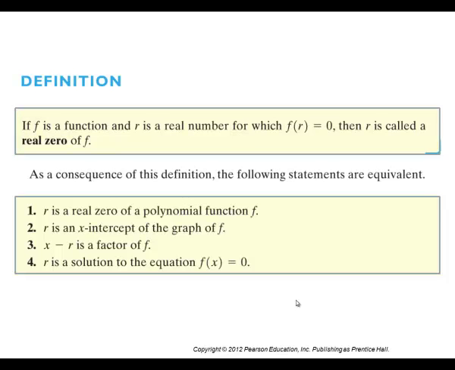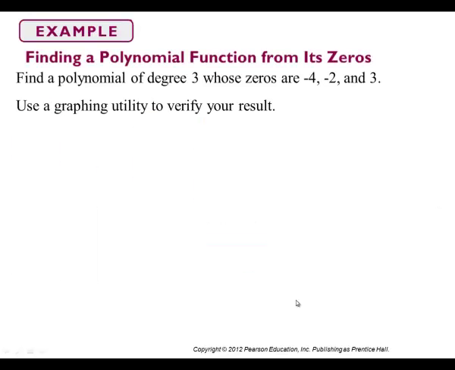So here, this is x minus r. The r is going to be your 0. So r is the x-intercept, and r is a solution of the equation. So whatever we put in for our 0, our x-intercept, into the equation, we should get 0 out. So that's a way to check to see if your solutions are right.